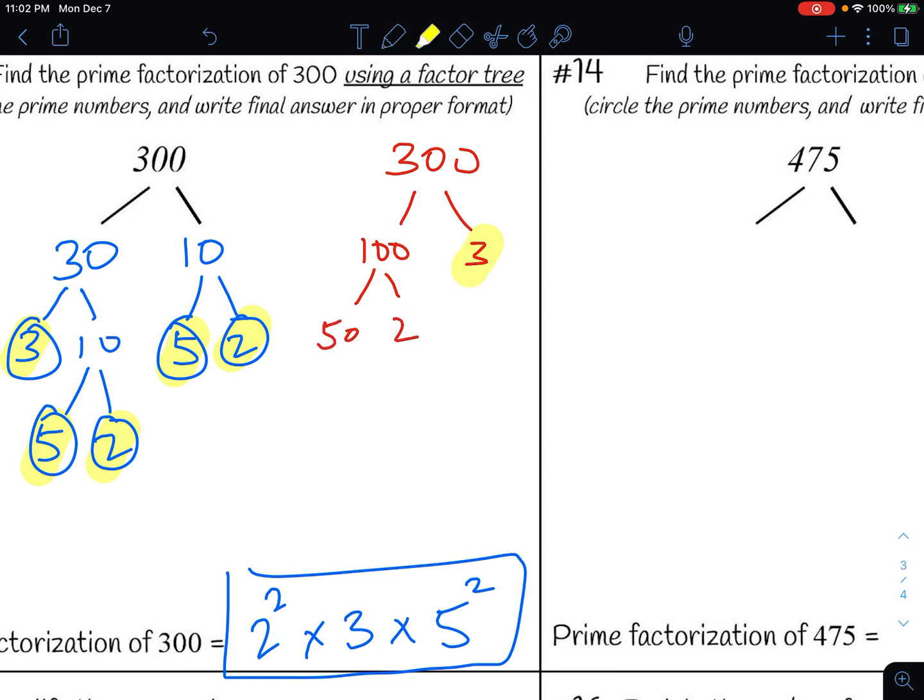And then 50 and 2, how about 5 and 10? And then 10 turns into 5 and 2, and both of those are prime. And let's take a look. We still have a pair of 2's, so 2 squared, and then a pair of 5's, 5 squared, and then we have a single 3.